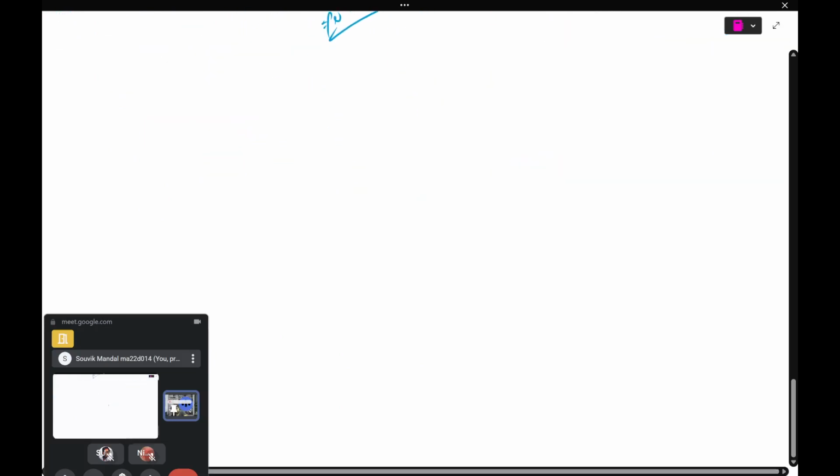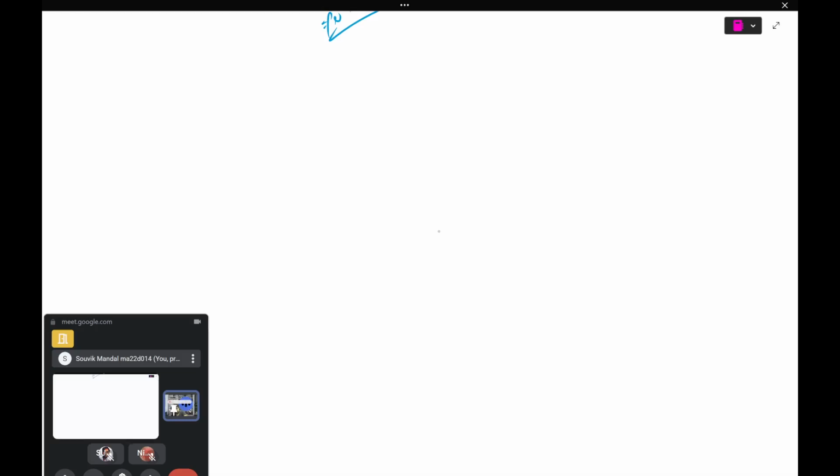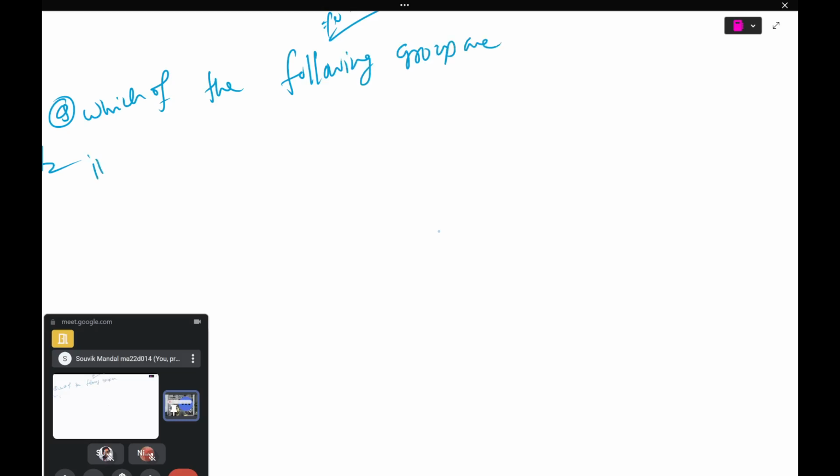So now the next question. Which of the following groups are integral domains?